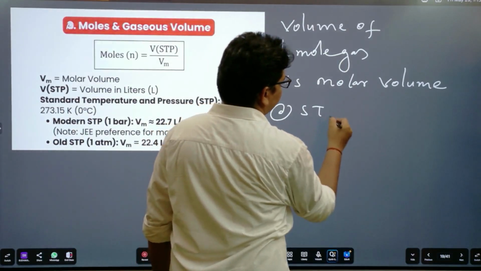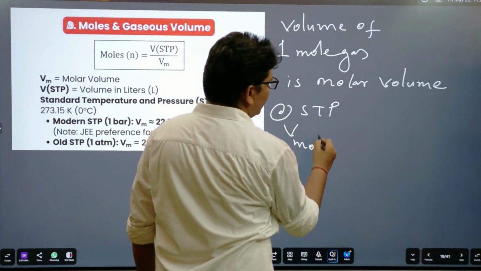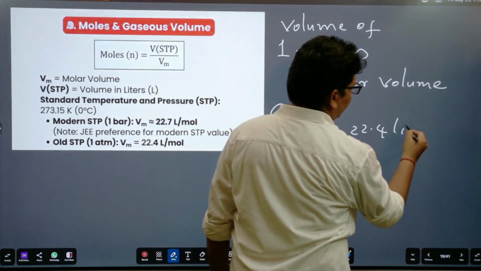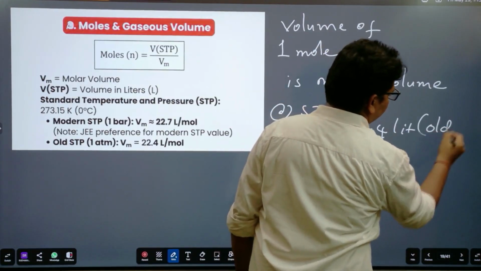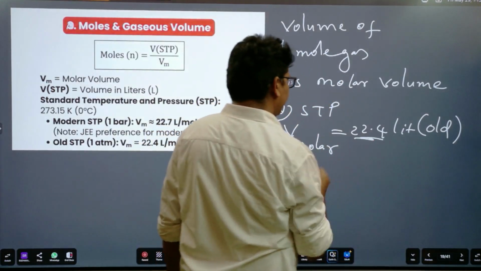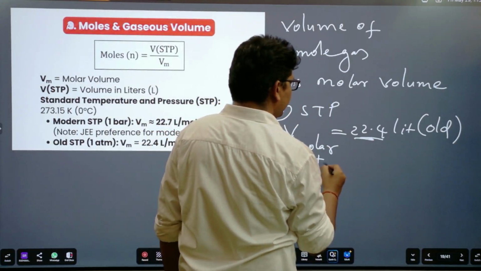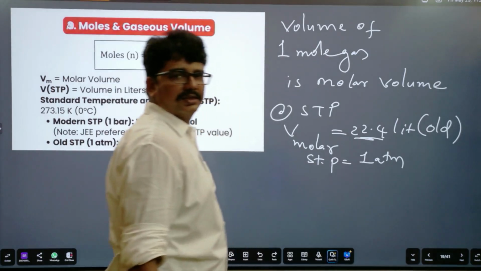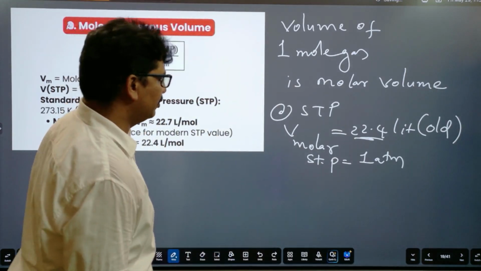At STP, this molar volume is 22.4 liters, and this is the old value. How do you get 22.4 liters? Here, the standard pressure is taken as 1 atmosphere.